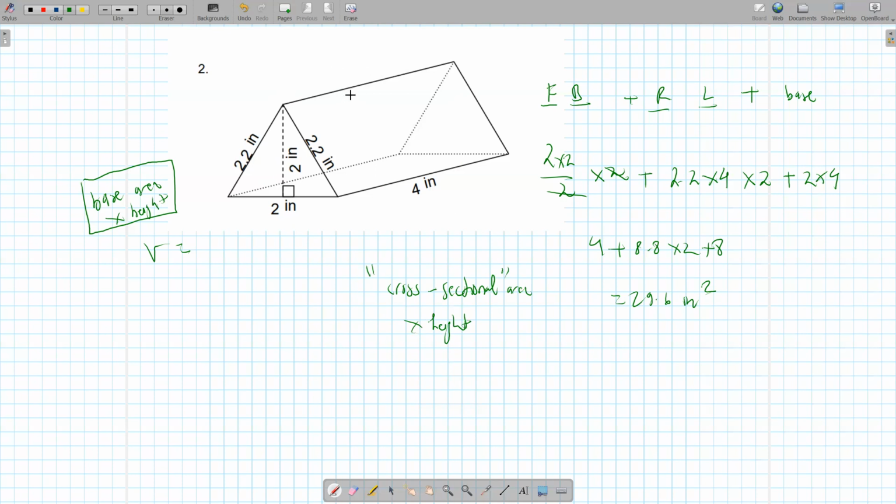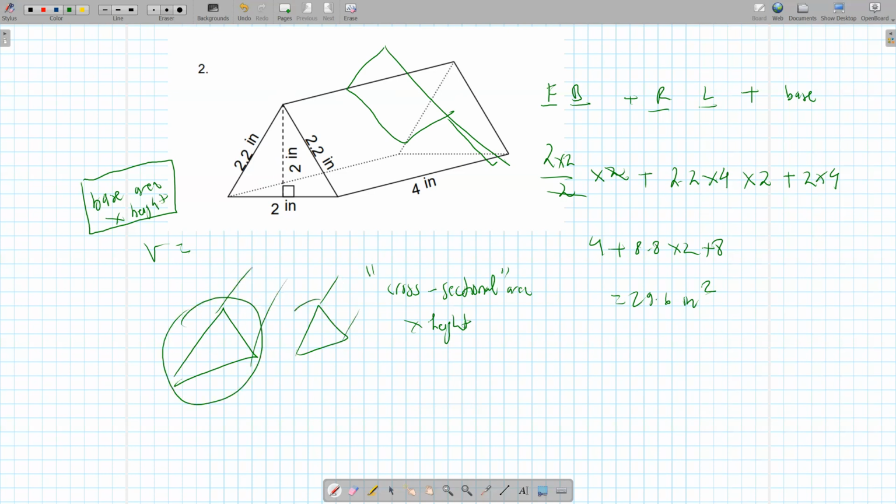Think of this as a loaf of butter, and we're gonna cut this with a knife. If we cut this with a knife, what do we get? We're gonna get one face like this and then another face like this. This is the cross-sectional area. You chop it, and the face that you get is the cross-sectional area.